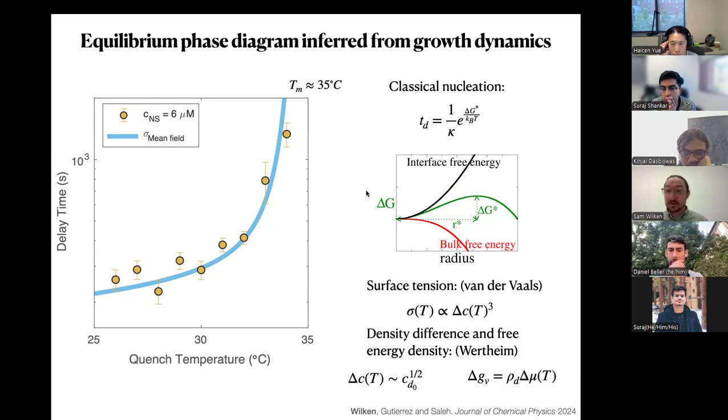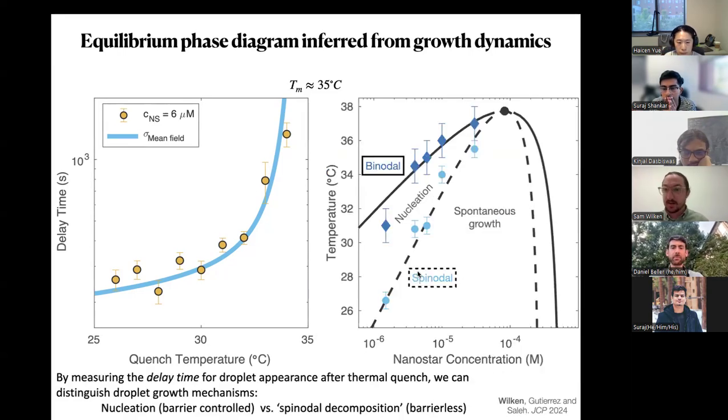Yes, certainly. This is an important point, and maybe I'll just conclude on this point before we move on. We don't need access to the smallest length scales to estimate nucleation-mediated growth as opposed to spontaneous growth. Because you're right, even in these regimes that we can resolve, the critical radii are still only 5 to 10 nanostar particle diameters, which is less than the point spread function of the microscope.